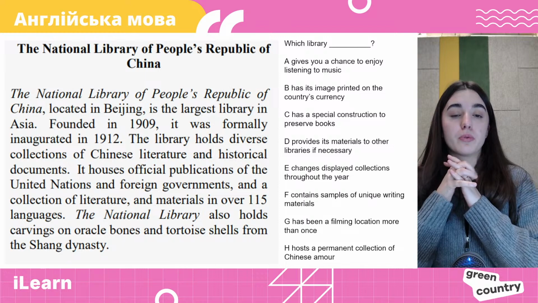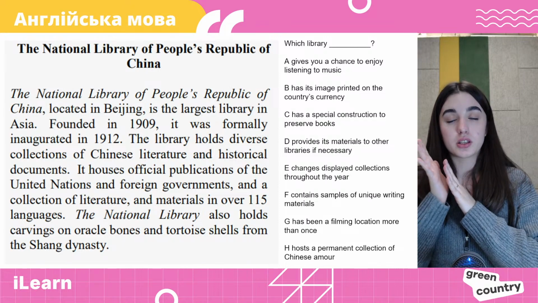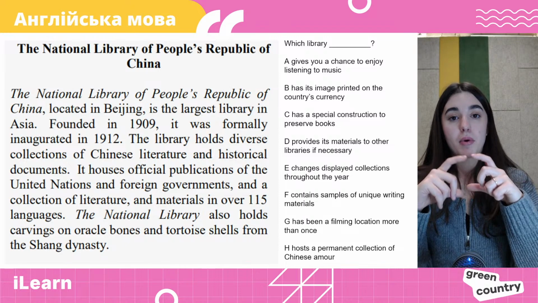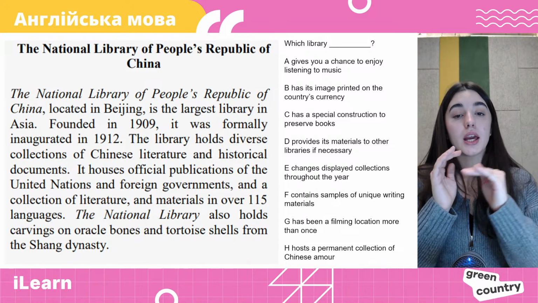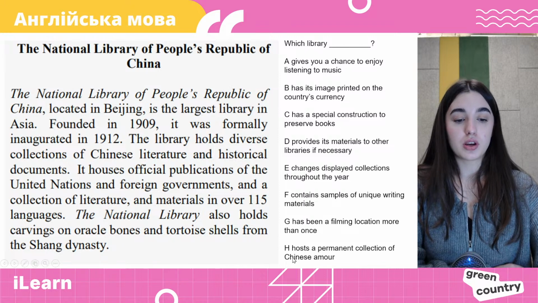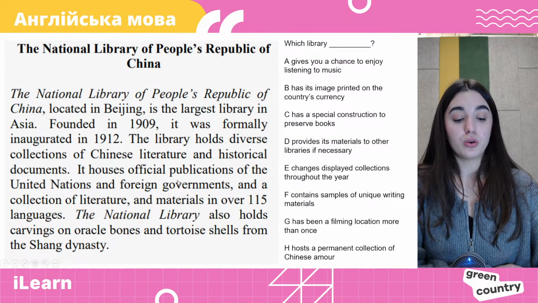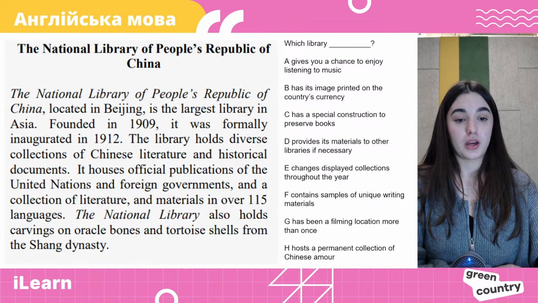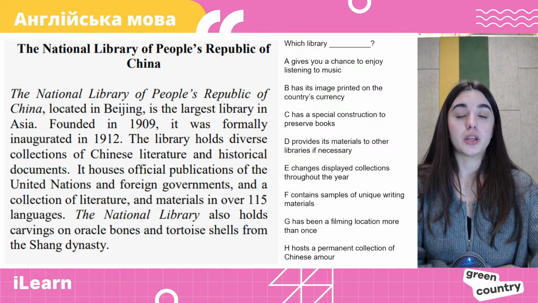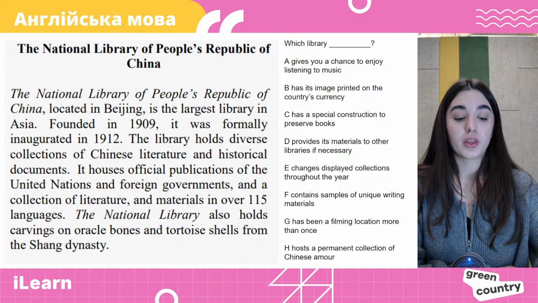So today we have with you two reading tasks. We are going to read small texts about one of the places, and you need to describe it shortly. So you have, for example, which library and some options. And also we will have with you one more task that we have for reading, where we need to complete the gaps.